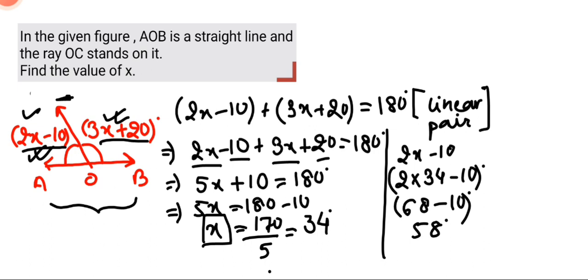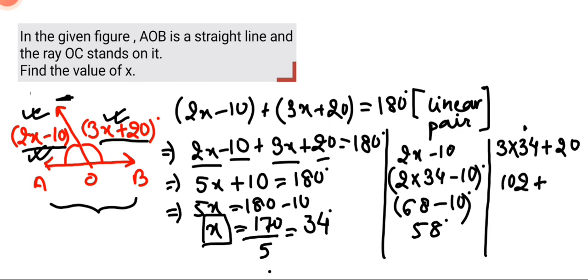This angle is equal to 58 degrees, and similarly we can put the value in this part, that is 3 multiplied by 34 plus 20. Here it becomes 102 plus 20, which equals 122 degrees. 122 plus 58 is equal to 180 degrees. So this is how we solve the given question.